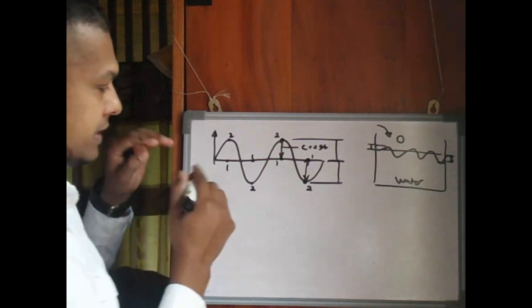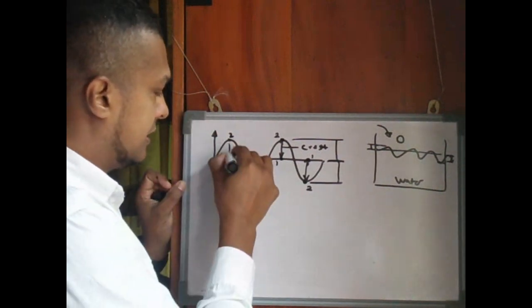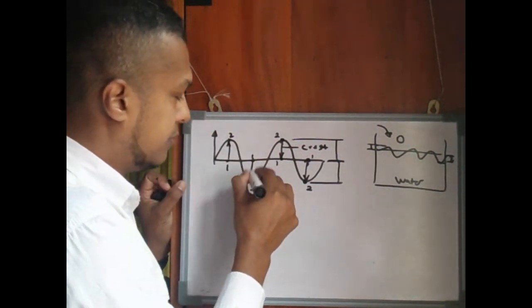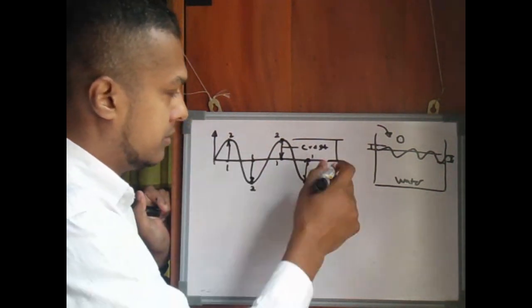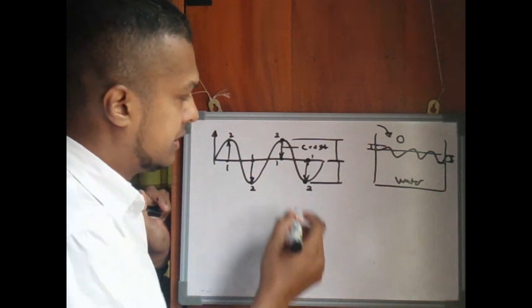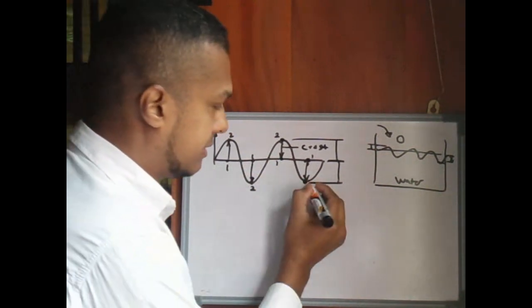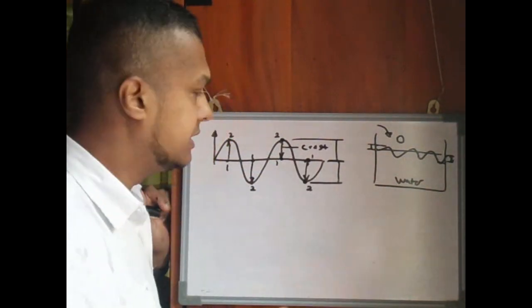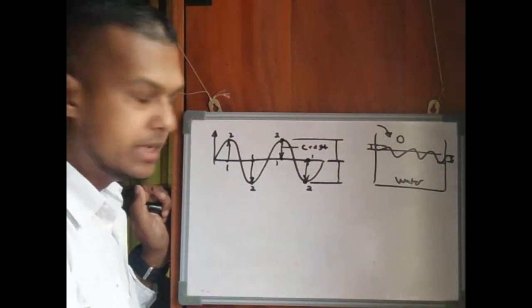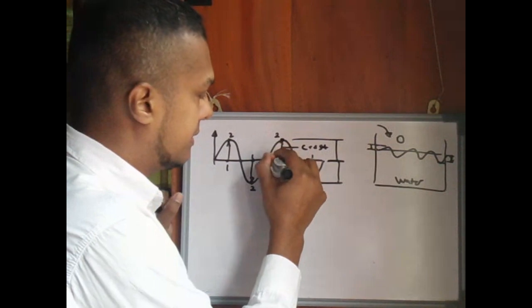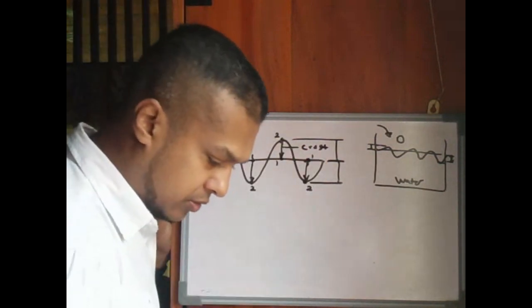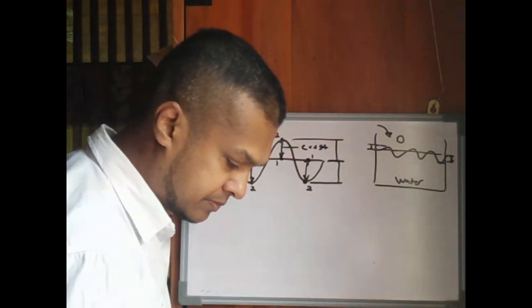So basically it creates a motion upwards, or it can be in any direction depending on the medium. So this particular point is called a crest.